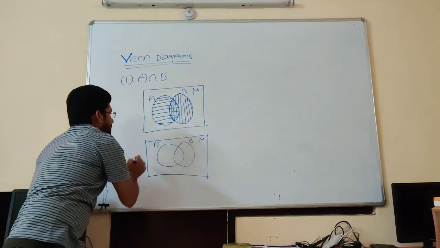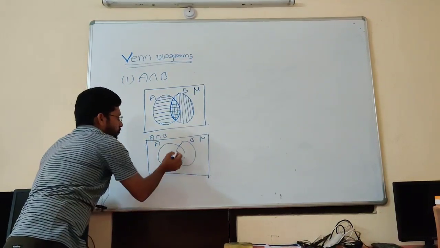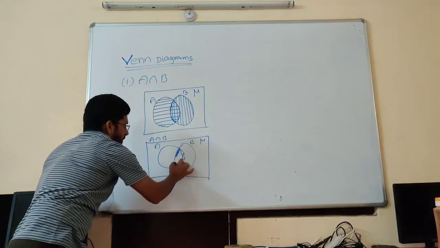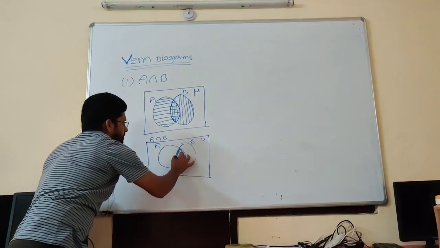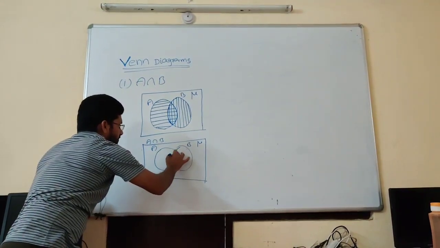Our concept is A intersection B. So, which is the common part? That is our answer. This is A intersection B.